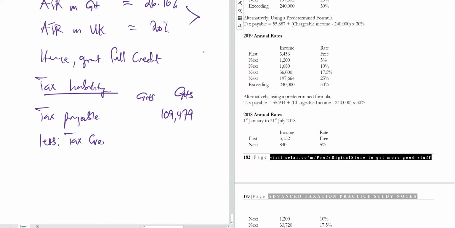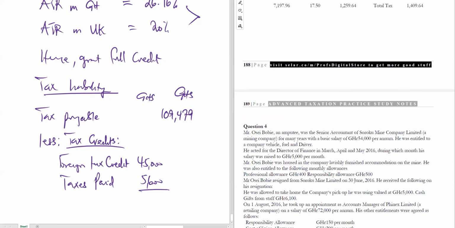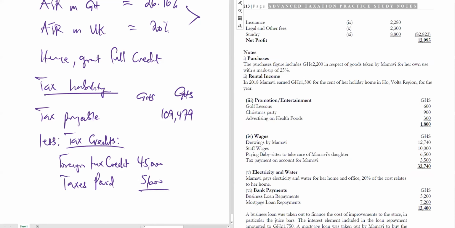So tax credits, we have two. We have the foreign tax credit, which was the 45,000. Then we have the taxes paid. In the question, they told us that he paid some taxes of 5,600. We add the two together.